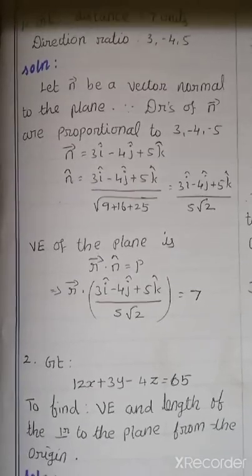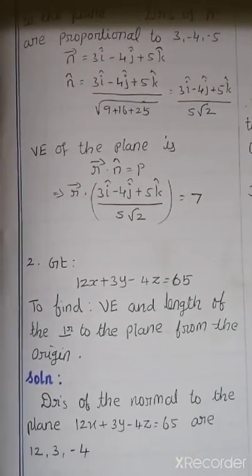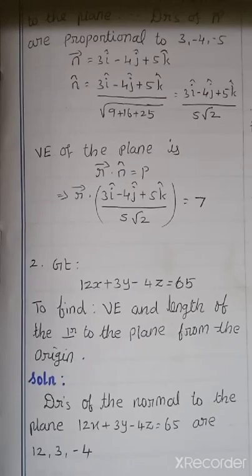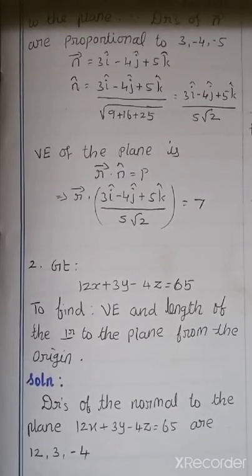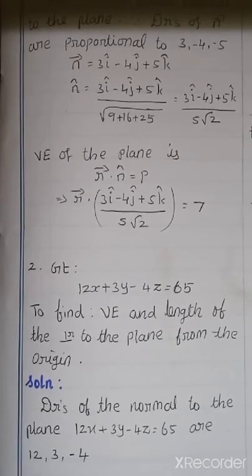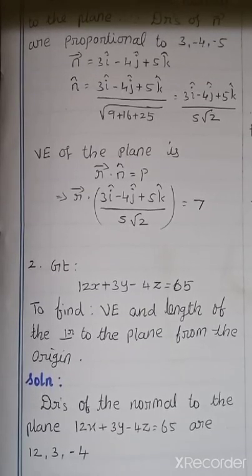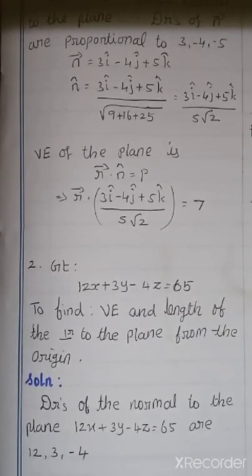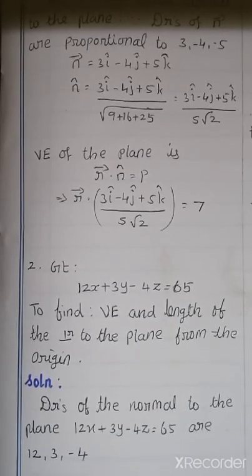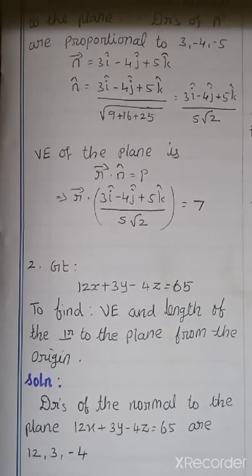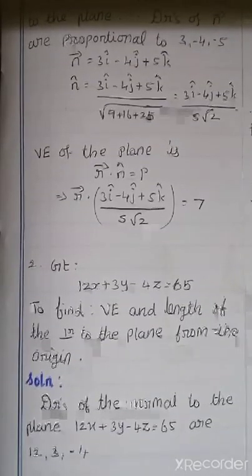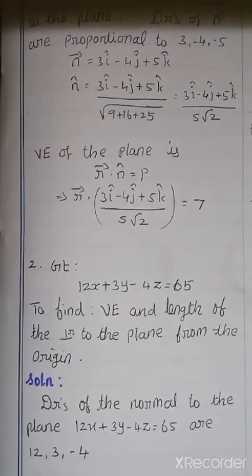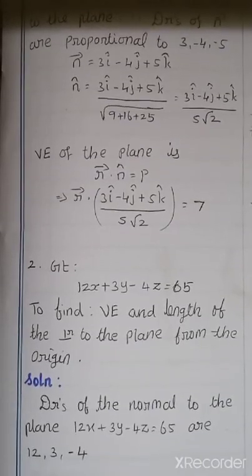Okay, your next question, take your second question. Find the direction cosine of a normal to the plane. Also find the non-parametric form of the vector equation of a plane and the length of the perpendicular to the plane from the origin. So here what is given is the direction ratio of the normal to the plane.